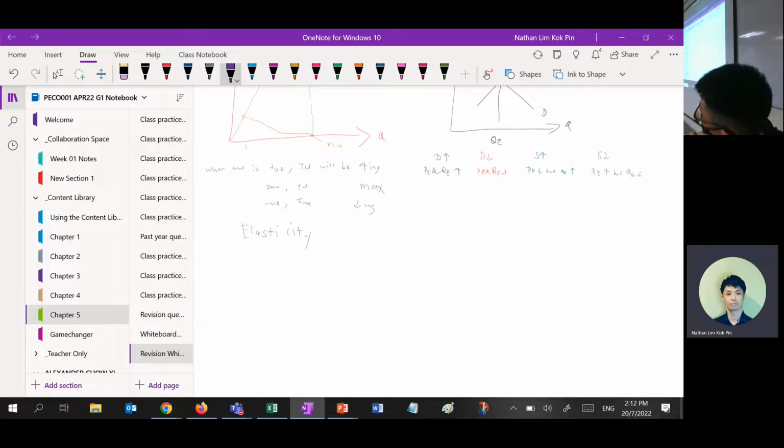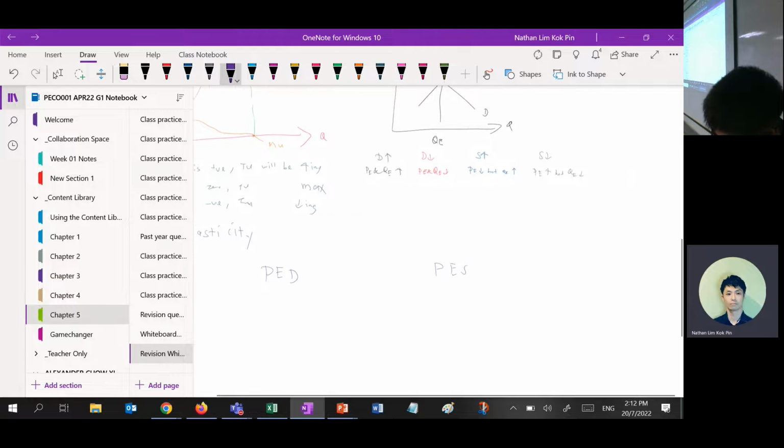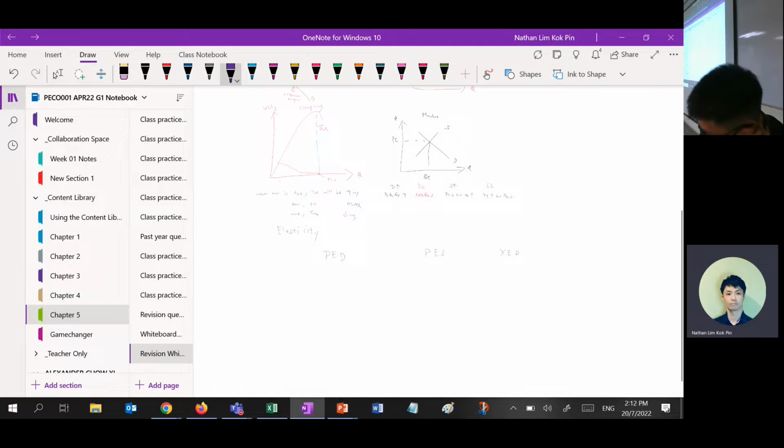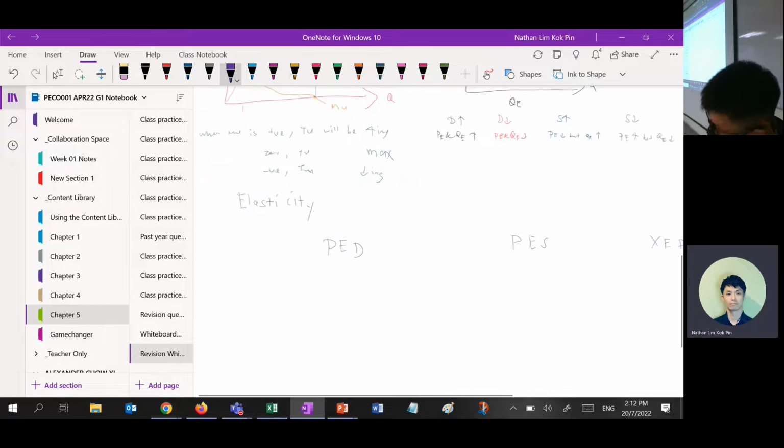Right. Elasticity. There are four types of elasticity. PED, PES, XED, YED. Right, there are four types.